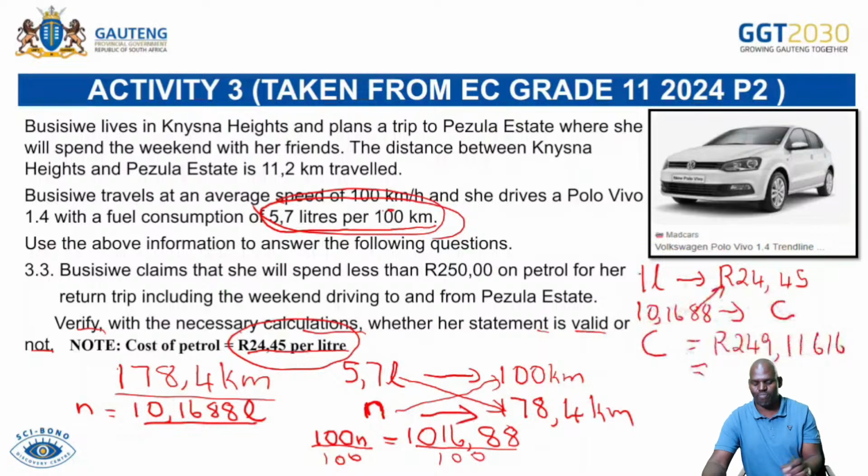But we know that the value of money should be rounded off to 2 decimal places. So if I round it off, I get 249 rand and 12 cents.